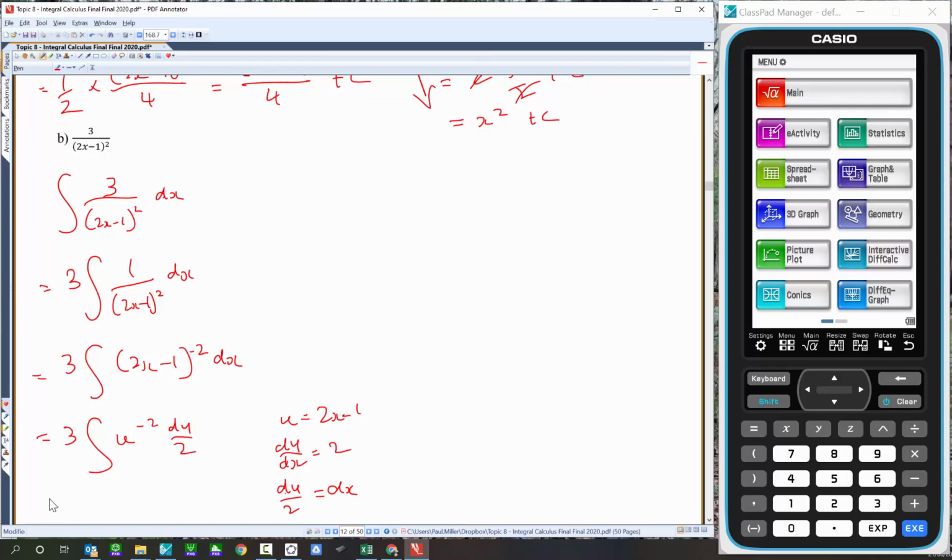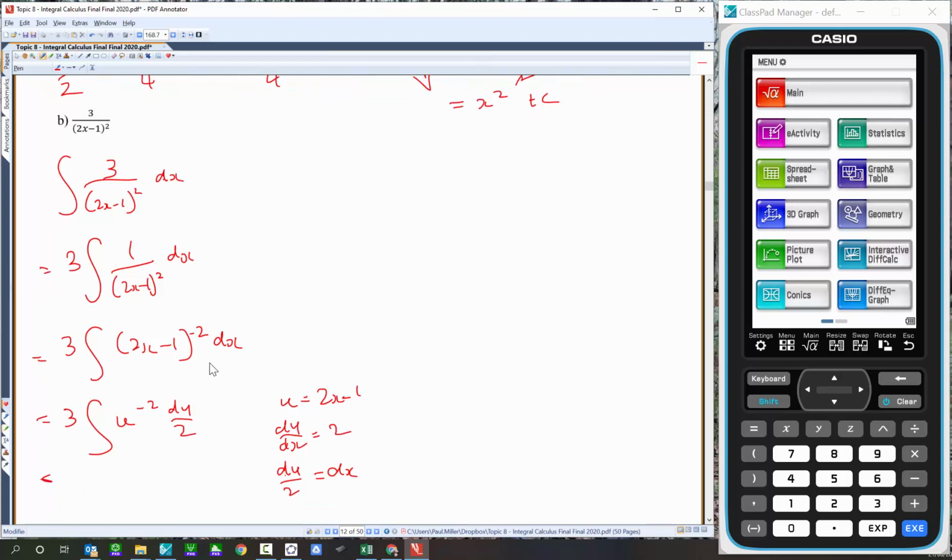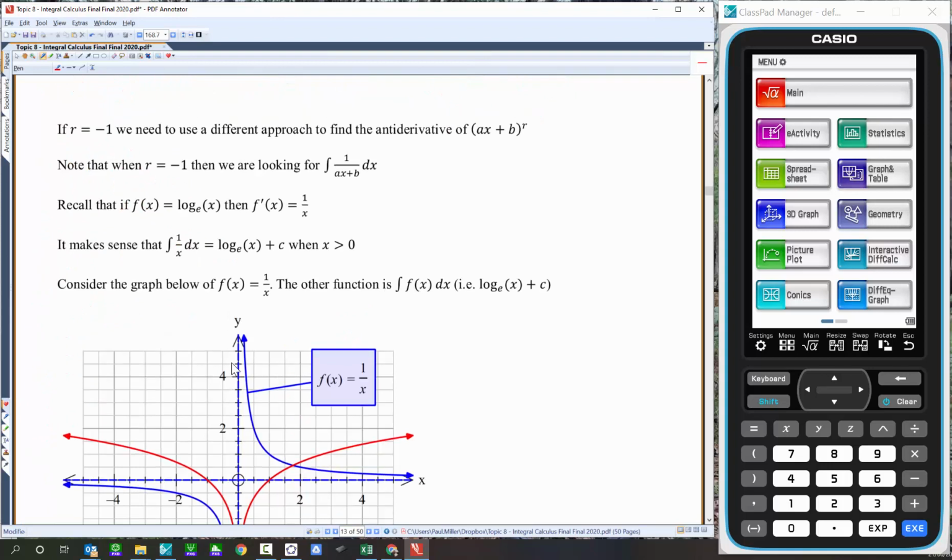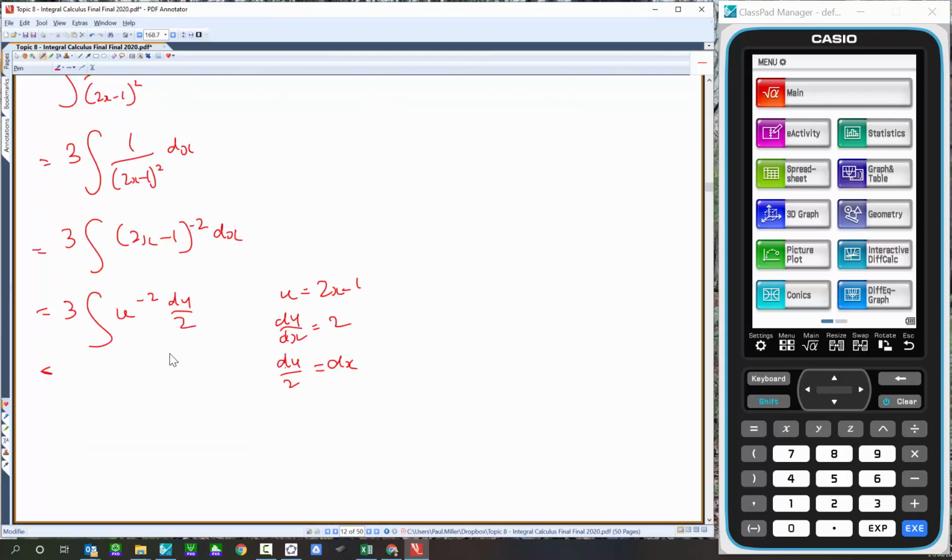Right, now I'm going to do a lot of moves all at once here and see if you can sort of handle this. I'm going to rewrite this as 3. Now this u will go u to the negative 1 over negative 1, but it's also got this half here, which is going to float to the front.